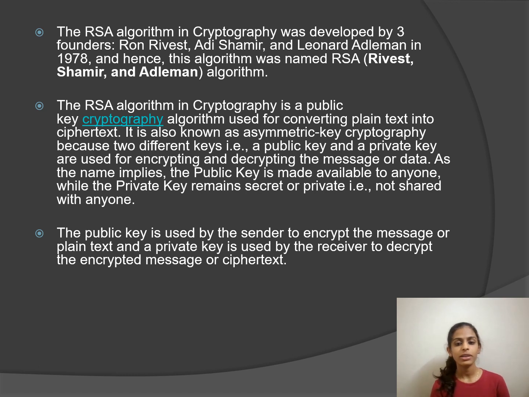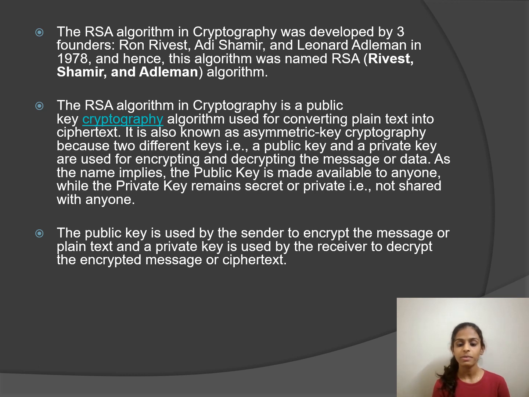The RSA algorithm in cryptography is a public key cryptography algorithm used for converting plain text into ciphertext. It is also known as asymmetric key cryptography because two different keys, that is a public key and a private key, are used for encrypting and decrypting the message or data. As the name implies, the public key is made available to anyone while the private key remains secret or private. That is, it cannot be shared with anyone.